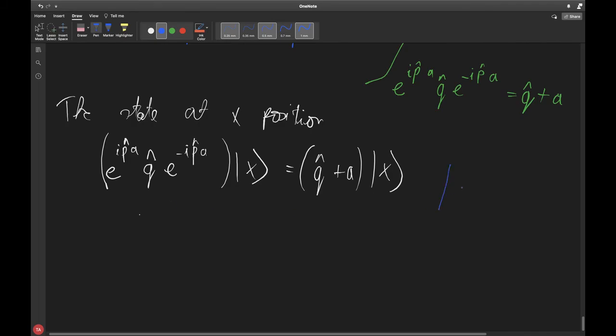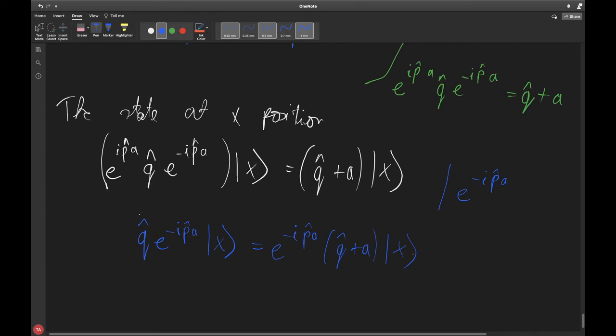Let's multiply our equation with e to the minus i P a from the left. So if I multiply this part with this blue, then that's just going to give us 1. So we have a Q operator, and then we have e to the minus i P a here, acting on the x state. And then this is just, I'll write it in, the exponential i P a, acting on the Q operator plus a, which is acting on the x state.